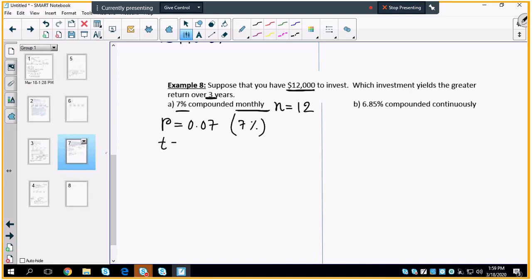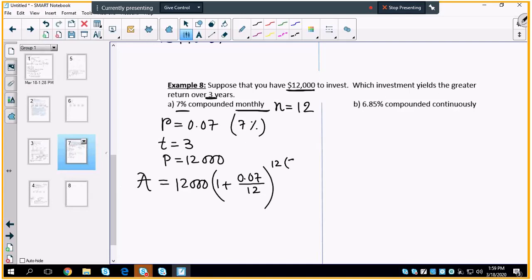Time is 3 years. Principal invested is 12,000. So let's find out how much money I'm going to see after 3 years. That will be the principal invested times 1 plus the rate of interest divided by the number of compounding periods, to the power of the number of compounding periods times the number of years.